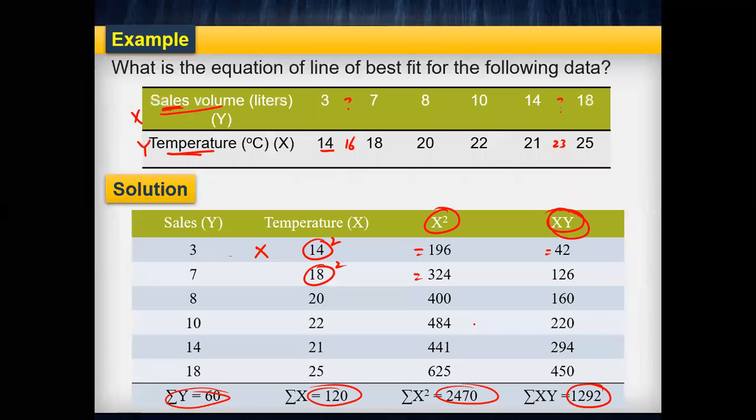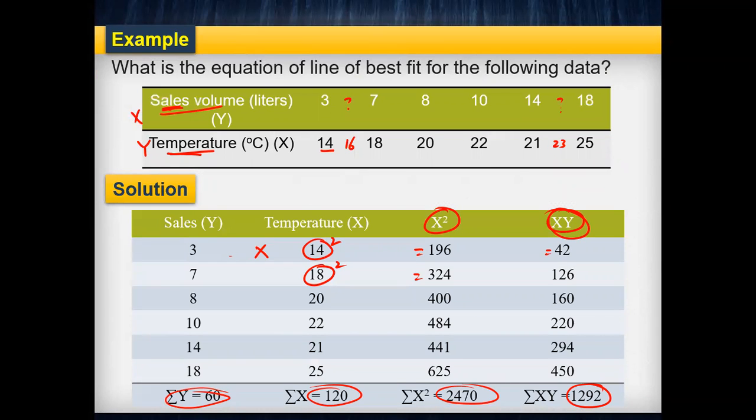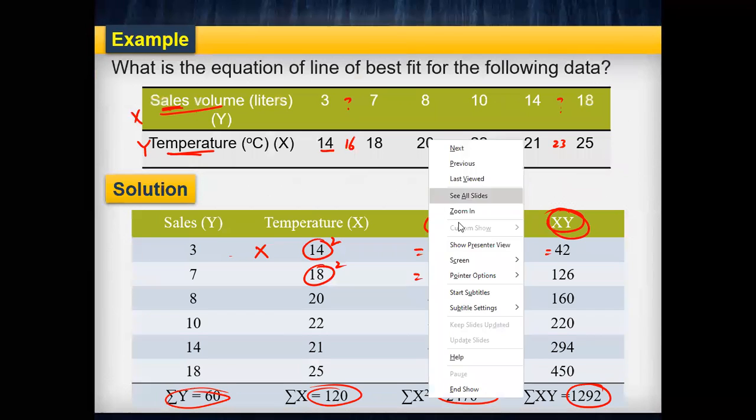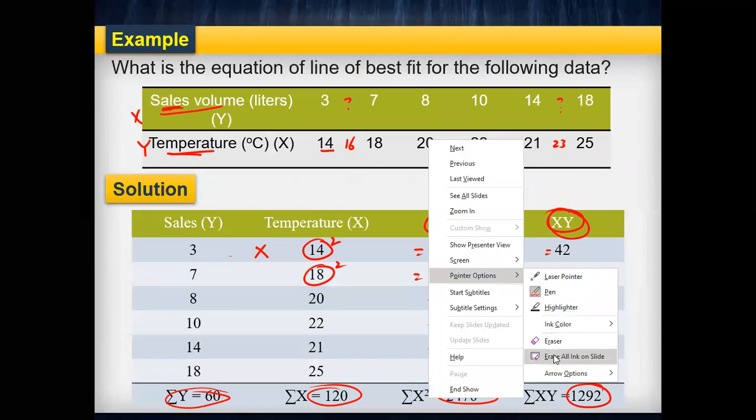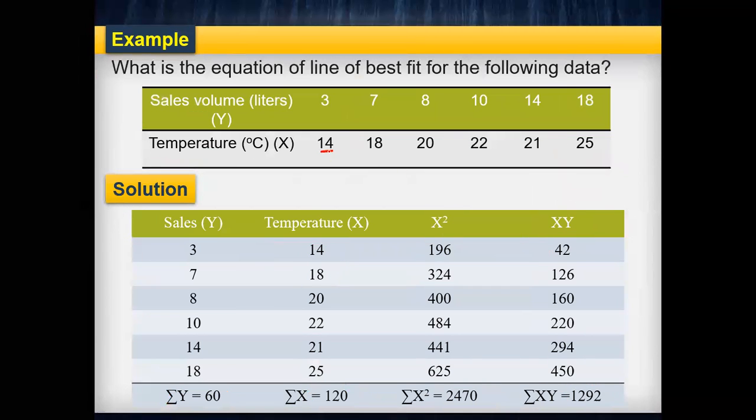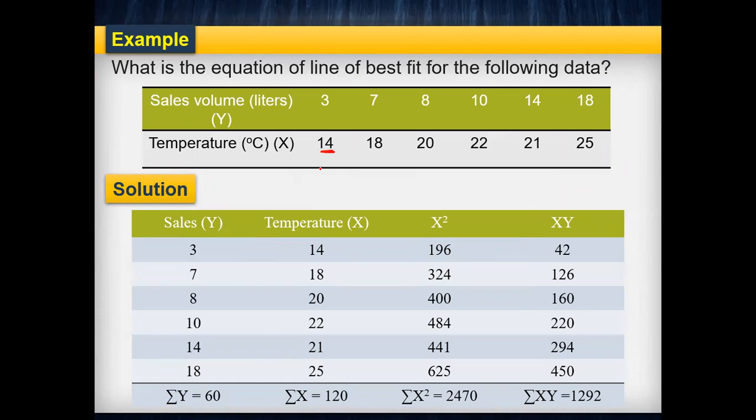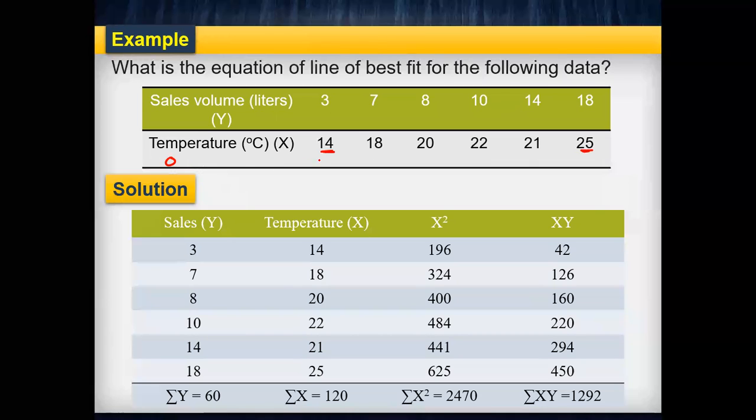So why does it happen? Look at the question statement. The minimum temperature was 14, and the maximum temperature was 25. If we go too much away, 0 degree centigrade will be here, too much away from the minimum value of the data, so the answer will be unreliable.